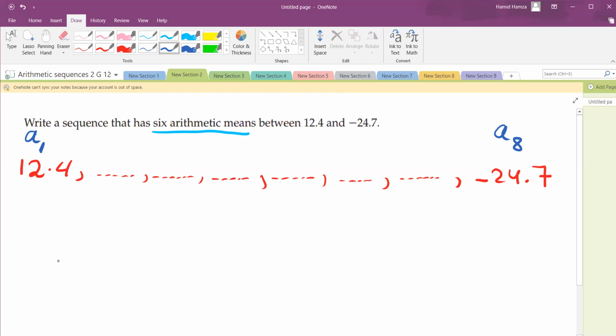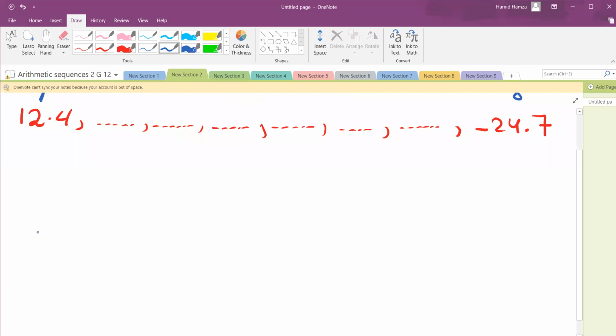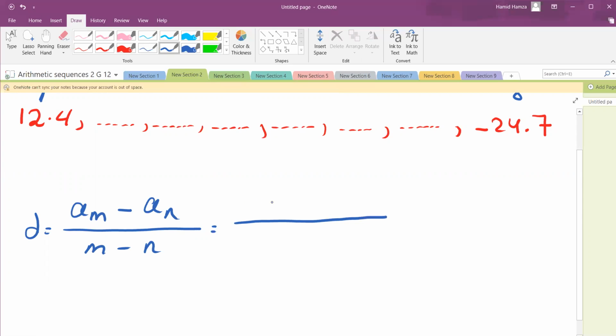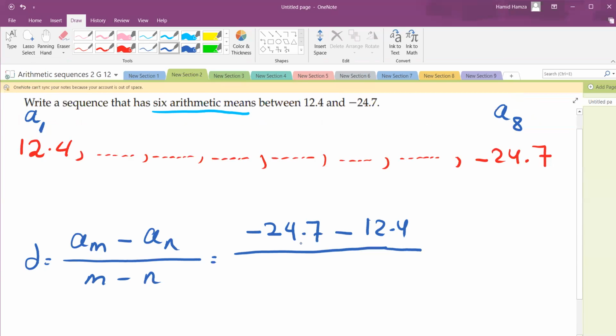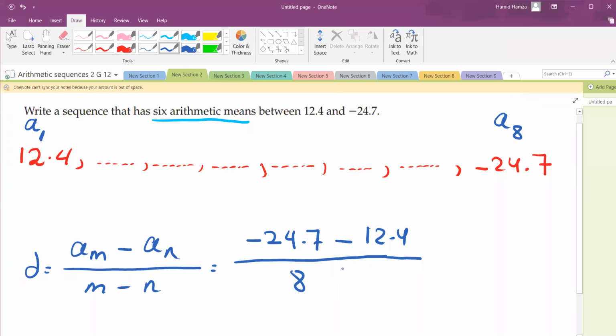Now we will find the common difference, D, which is AM minus AN over M minus N. It will be negative 24.7 minus 12.4, all over 8 minus 1.